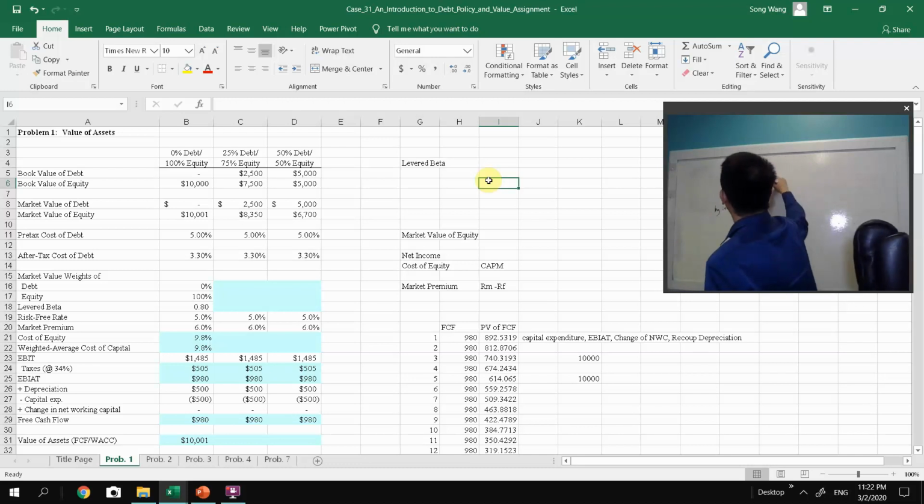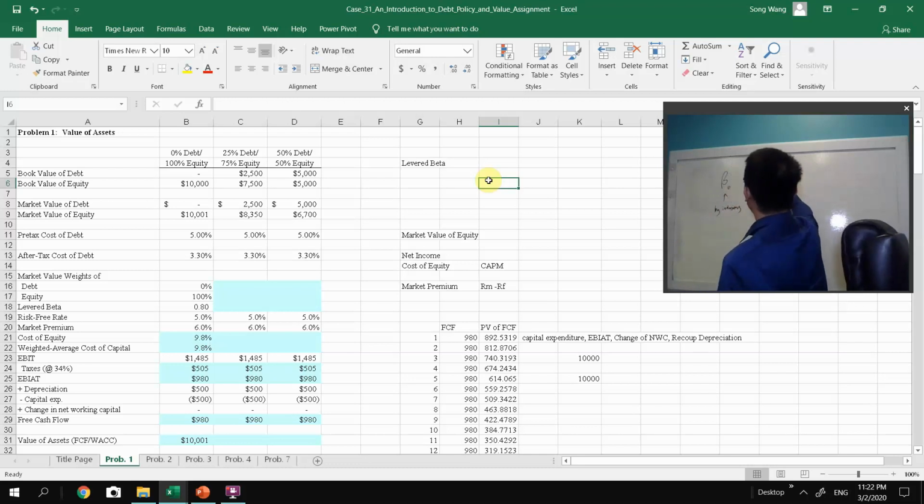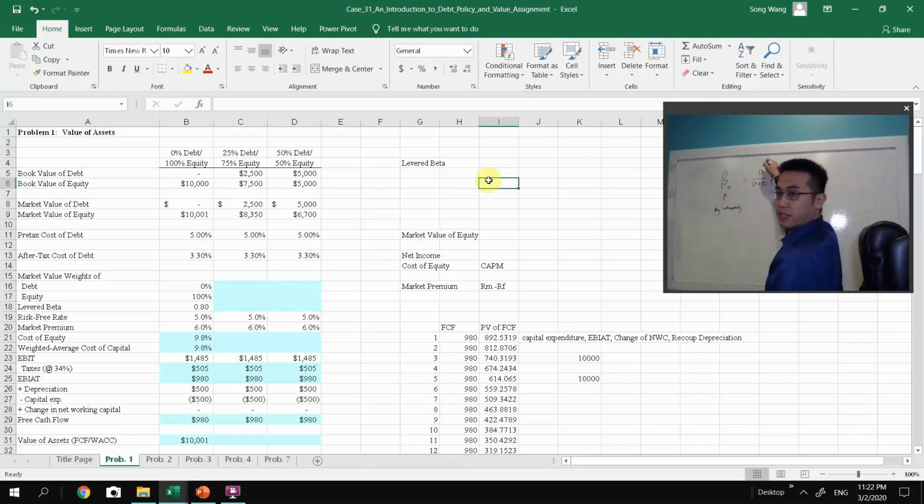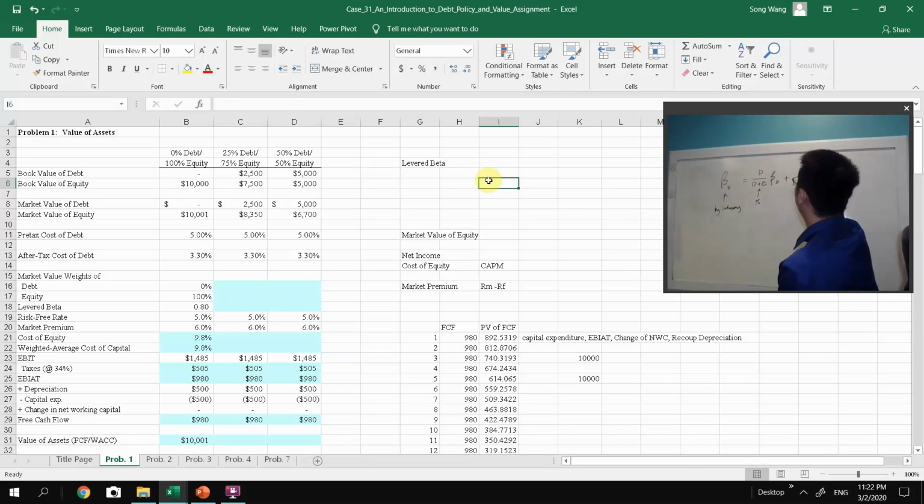And then you have a beta for debt times the weight of debt, which is the dollar amount of debt divided by the debt and equity combined. So this is a percentage telling you how much debt is in the total capital. And then you have equity divided by the total capital multiplied by the beta for the equity only.